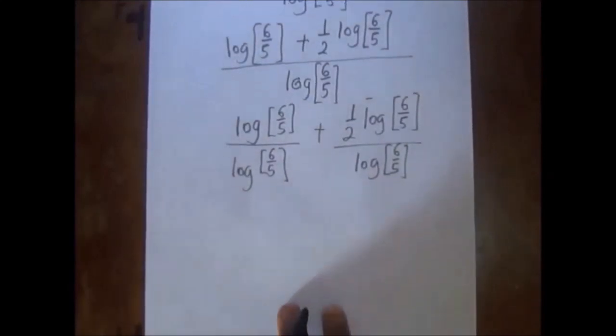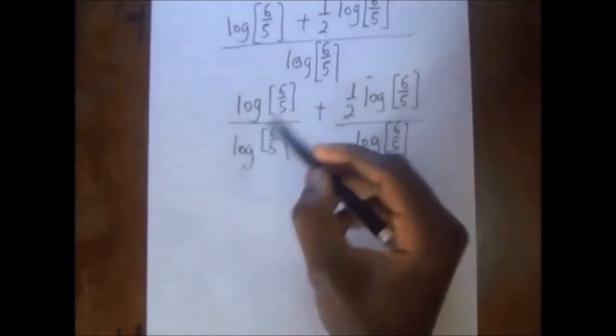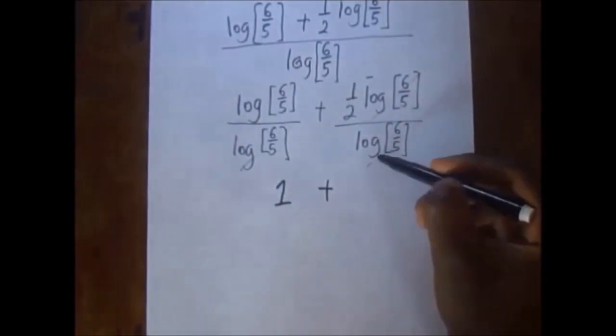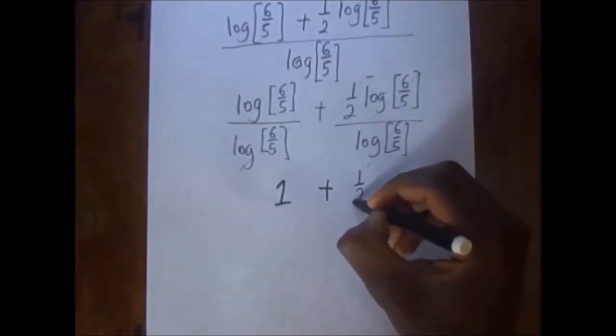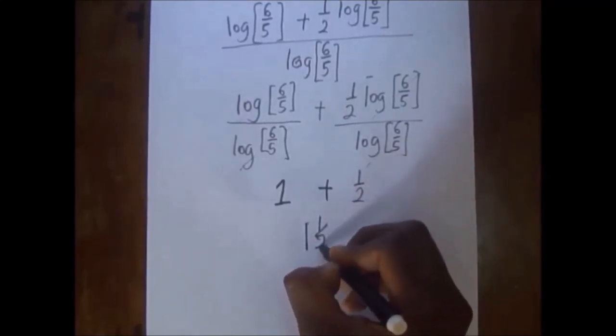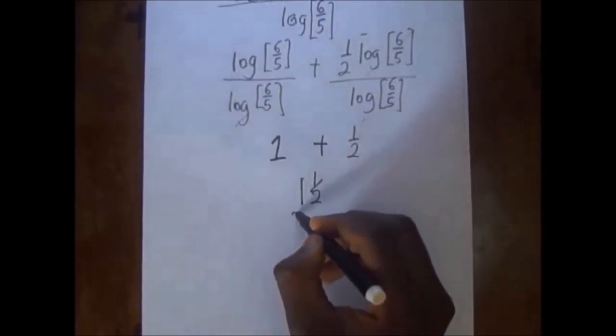From there this and that cancel, so you remain with 1 plus a half, since this and that will cancel. So a half plus 1 is going to become 1 and a half, which is 3 over 2.